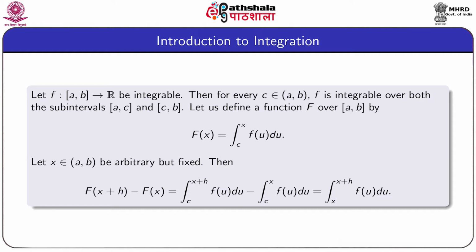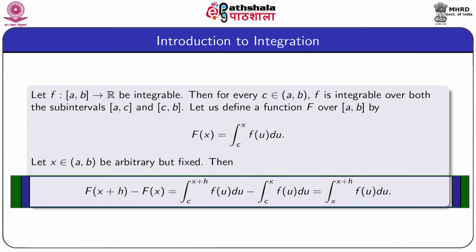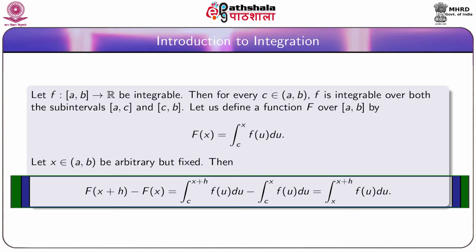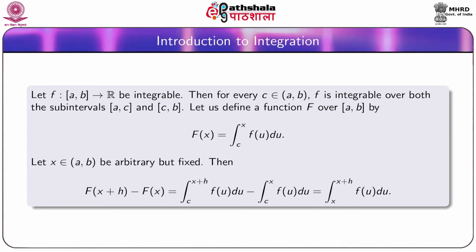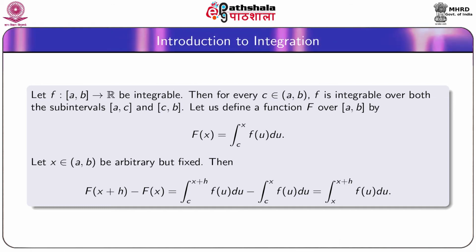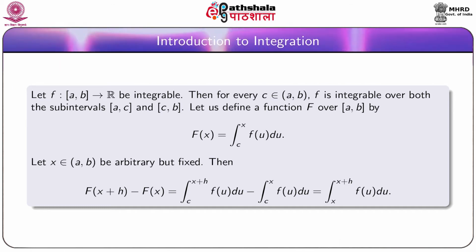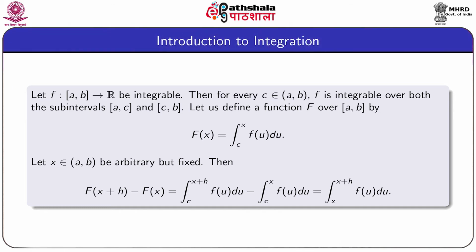We keep it fixed. Then capital F at the point x plus h minus capital F evaluated at x equals integral c to x plus h f(u) du minus integral c to x f(u) du. So, this equals the integral of f with lower limit x and upper limit x plus h.